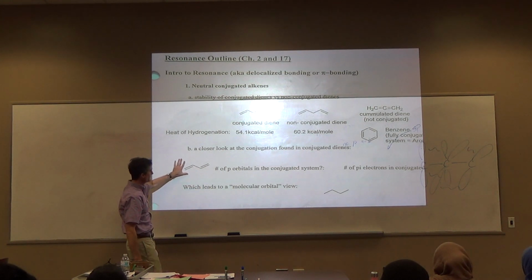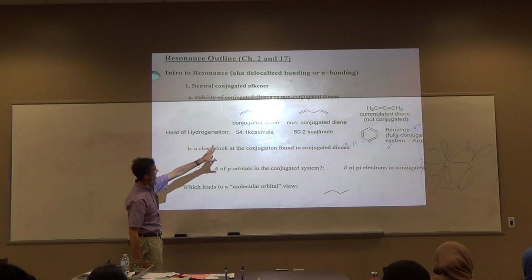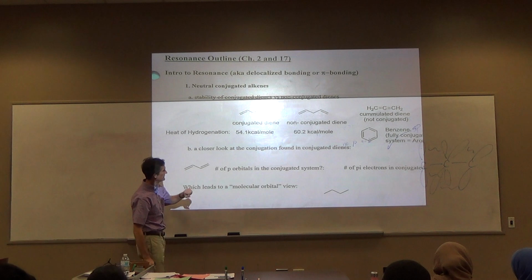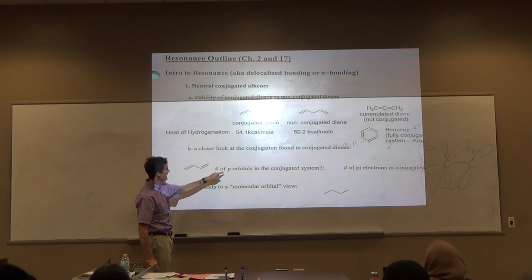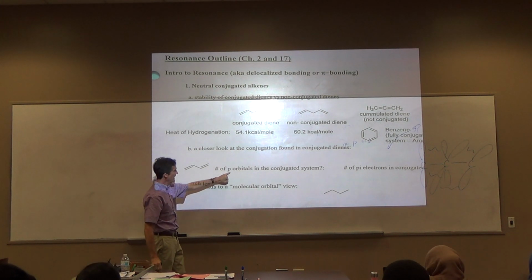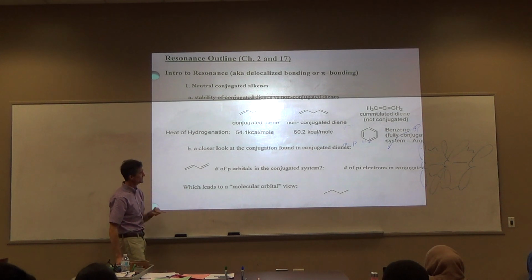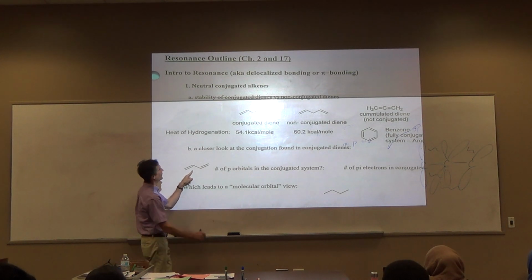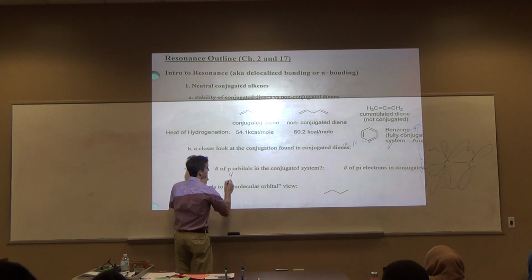Conjugation. Really, I may not need to repeat this. It's the same thing as up there, except just missing a methyl. One thing we can ask, though, is questions like this. How many p orbitals are in this conjugated system? Four. I drew them up there, didn't I? Four.